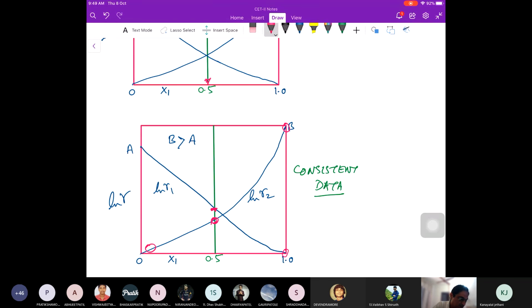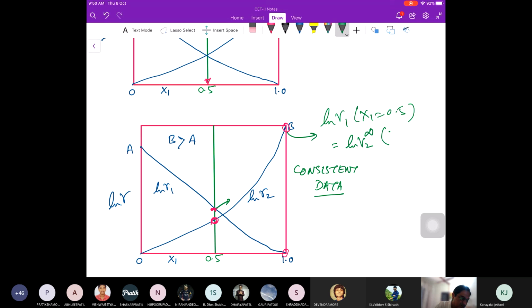Okay, yeah. So this is not the value we have to see. We have to see this value, and this value. So what we are saying is ln gamma 1 at x1 equal to 0.5 is equal to ln gamma 2 at infinity.